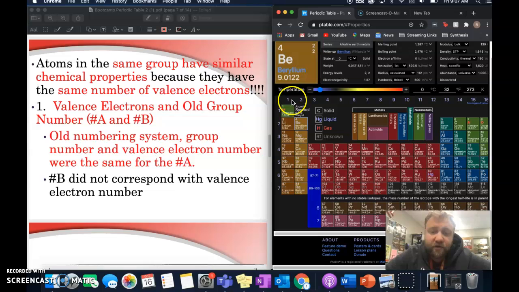For the first 2 groups, it's pretty easy. Group 1, you're going to have 1 valence electron. Group 2, you're going to have 2 valence electrons.